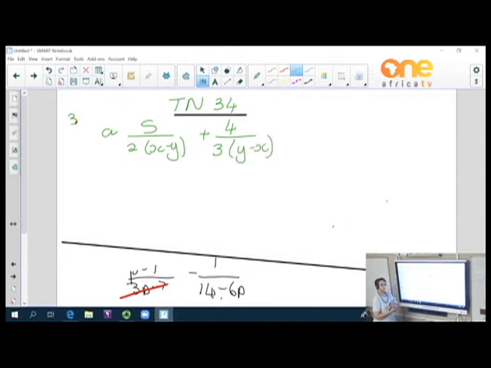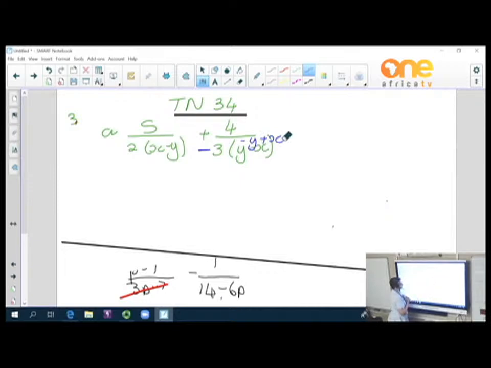Okay, so we need to find the LCM, but now we've got a problem here because here we have x minus y and there we have y minus x, so our signs differ. What we can do is, if we multiply this one with negative 3, then we can change the signs here to be negative y plus x.